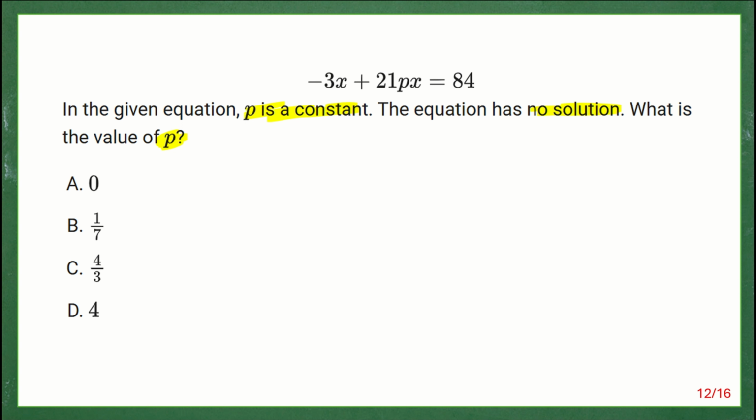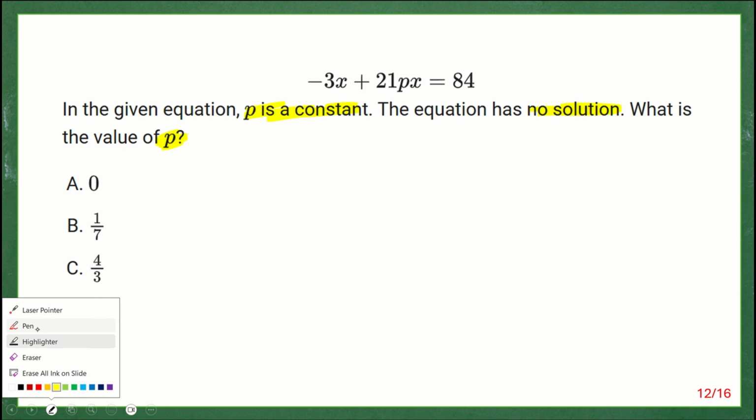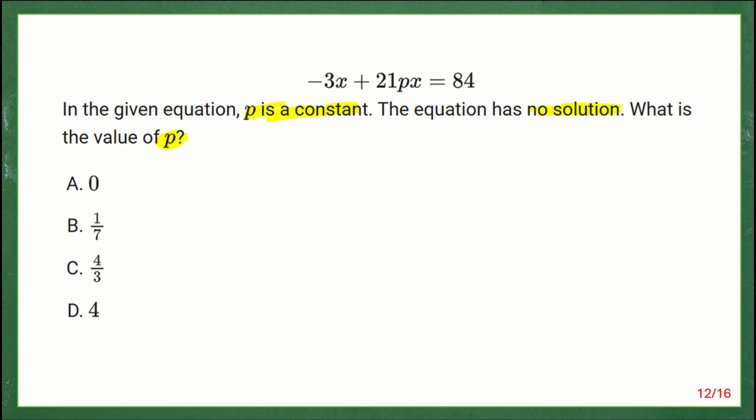So whatever value of x we put in, it should end up in a false statement. Let's represent x in terms of p and see at what values of p the result will have no solution.